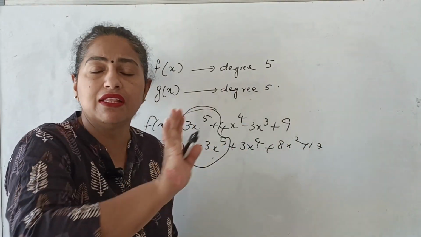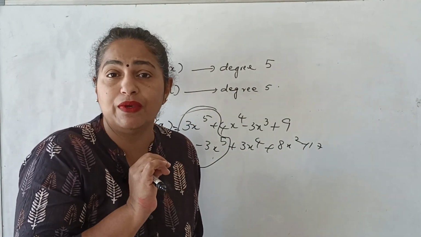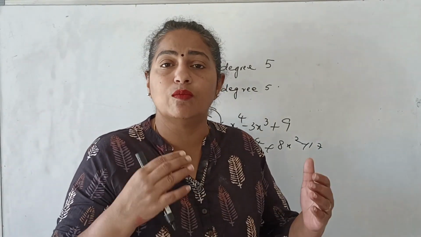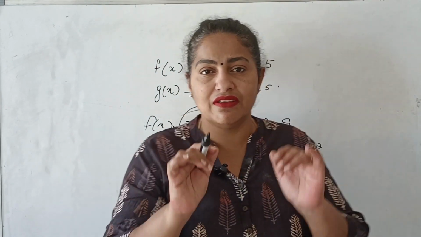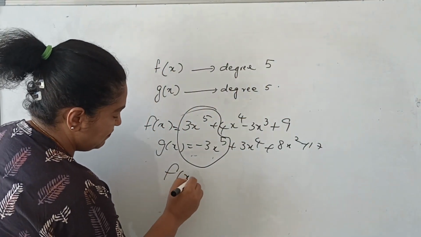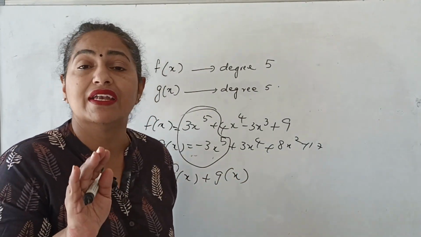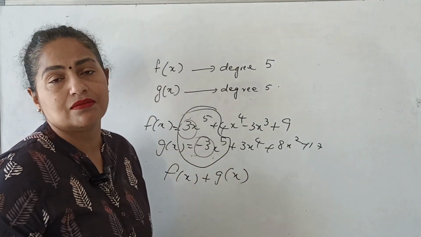It will definitely have the remaining terms, but the degree of the resulting polynomial will not be equal to 5. So when f(x) and g(x) are added and both of them have a degree 5, the resulting polynomial, which is given by f(x) plus g(x), may or may not have a degree 5 depending upon the coefficients over here.